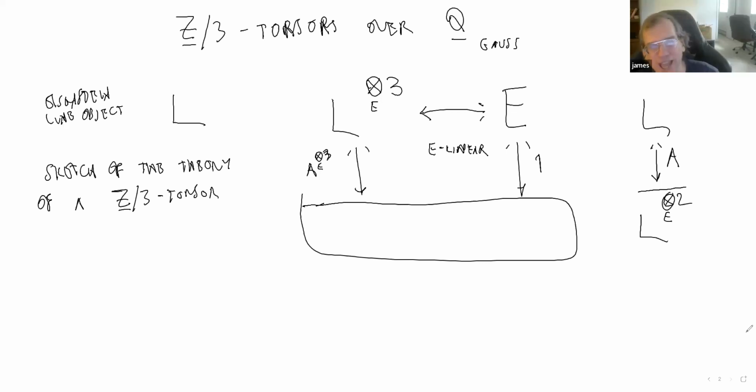That is something you can do, but it seems like an unnecessary complication at this point. I thought you were trying to describe the theory of Z mod 3 torsors over the Gaussians. What's it doing there at the top of the page?